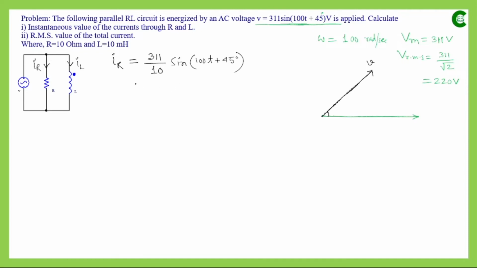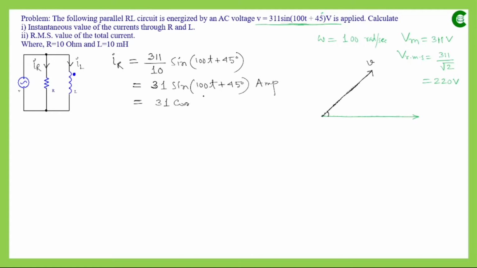So now if we calculate this, we will get a value of 31 and then sine of 100t plus 45 degree, and this will be in ampere. Now if we wish to express this instantaneous current in cosinusoidal form, then this can be further written as 31, and in place of sine it will be cos.